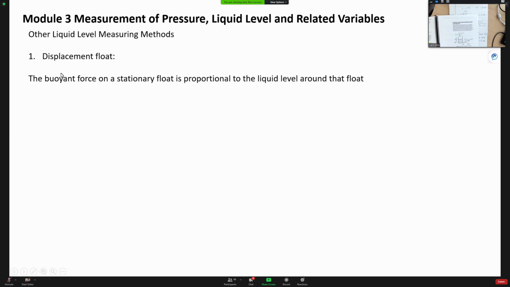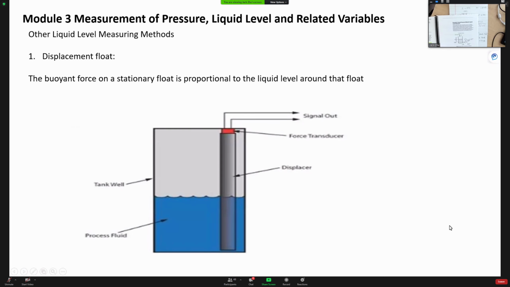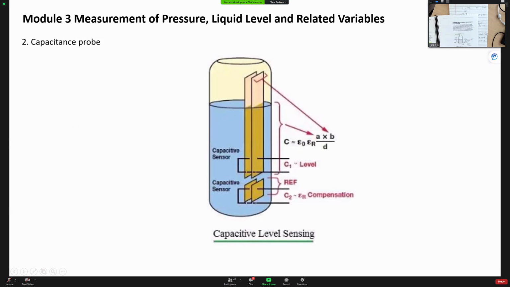We can use a displacement floater, where the force on a stationary floater is proportional to the liquid level around the floater. Then we have a capacitive probe. The capacitive probe can also be used for sensing the liquid level, because those liquids usually are conductive.